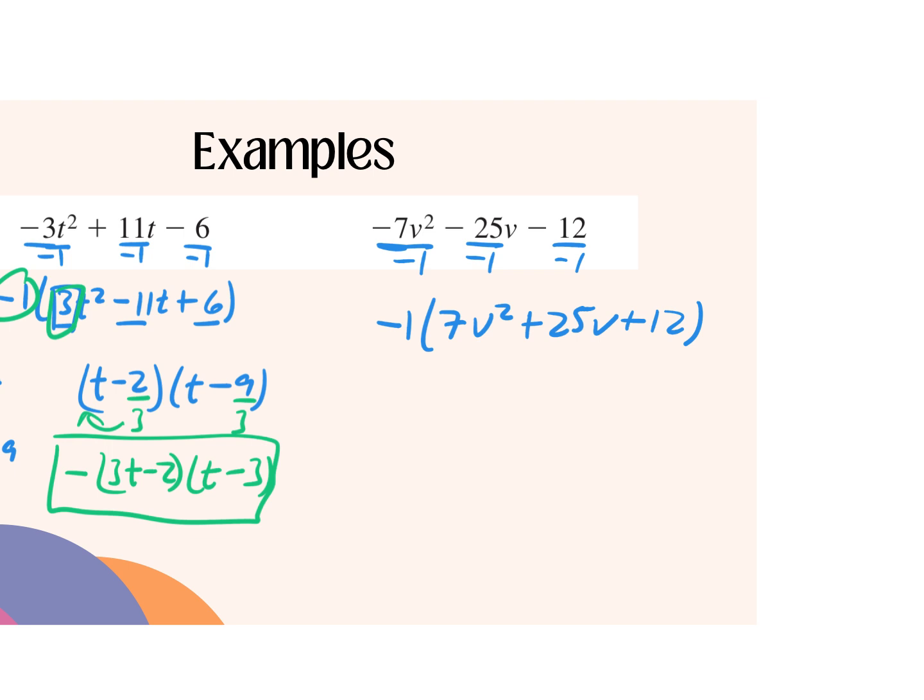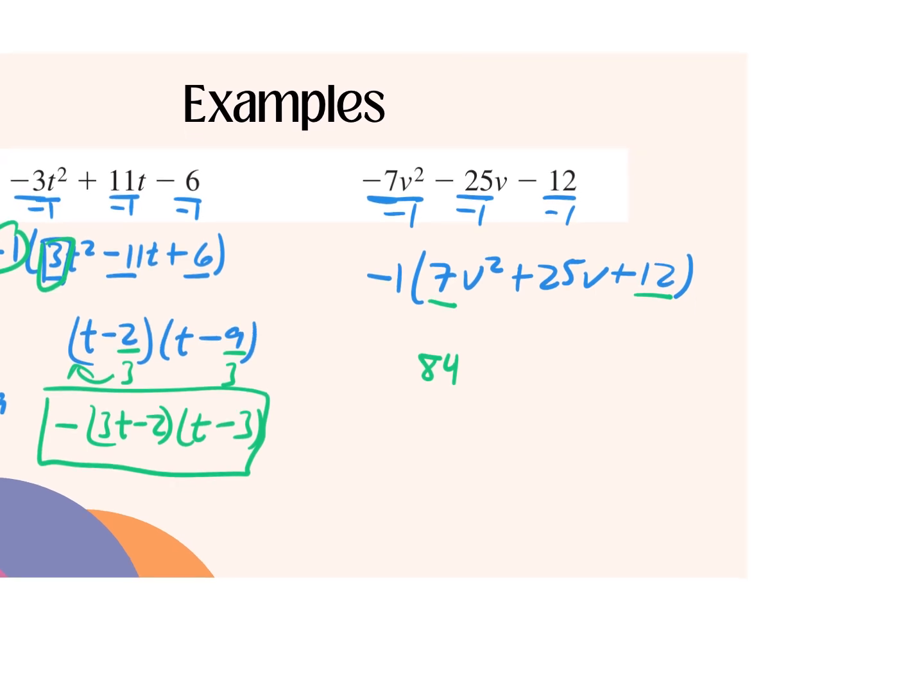All right, so we need factors of, let's see, well, I want 7 and 12. So factors of 7 times 12, which is 84, right? So I need factors of 84 that add to 25. I know 7 and 12 are factors.